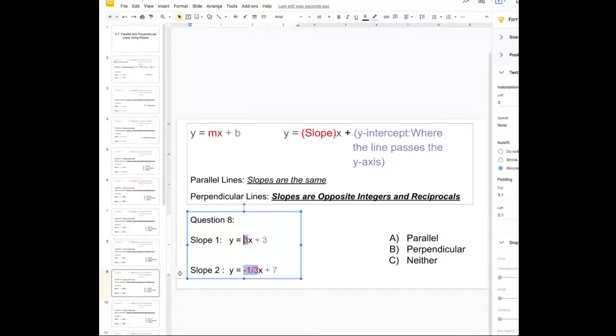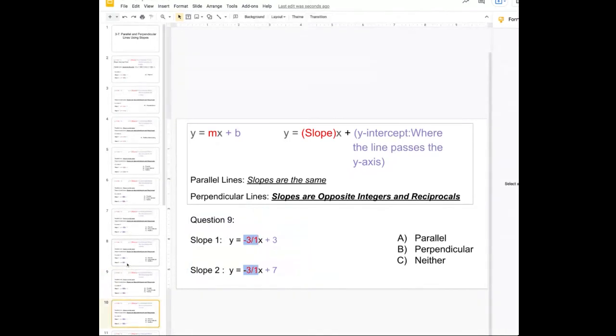Usually how it looks is just like this. A lot of students might get confused on whether they're reciprocals or not. Don't forget, you can always divide the whole number by 1 because any number divided by 1 is the same value. Okay. So going on to the next one here.